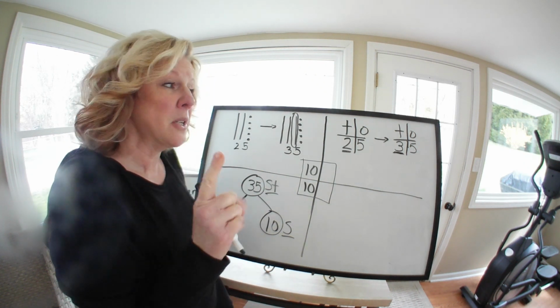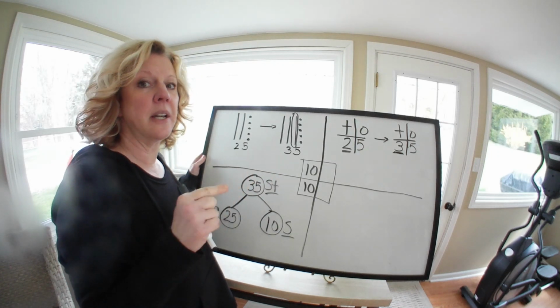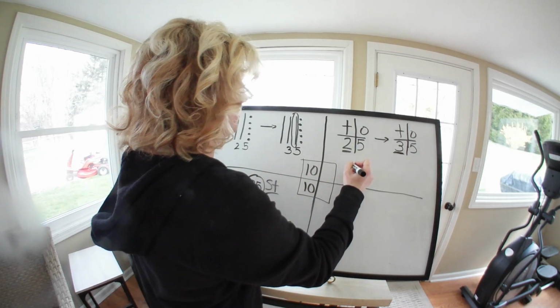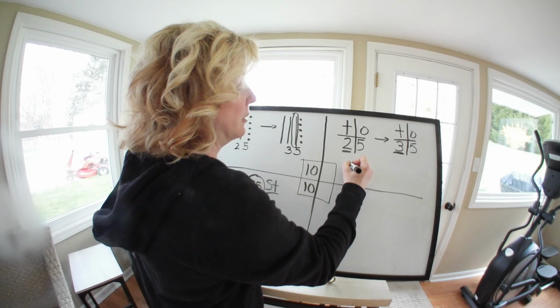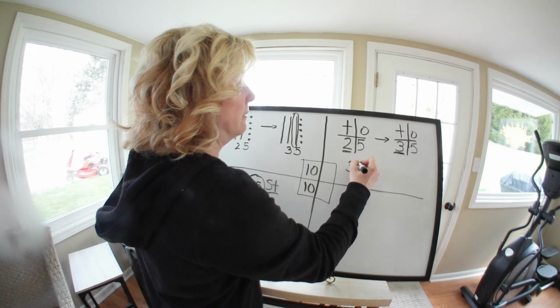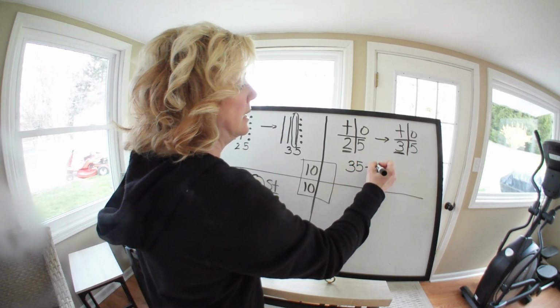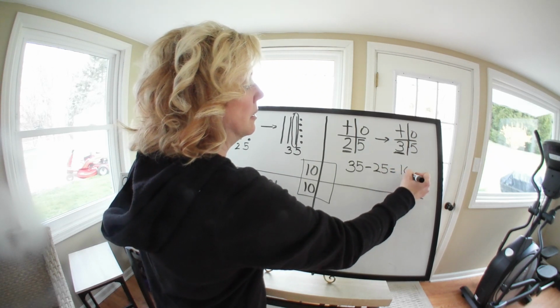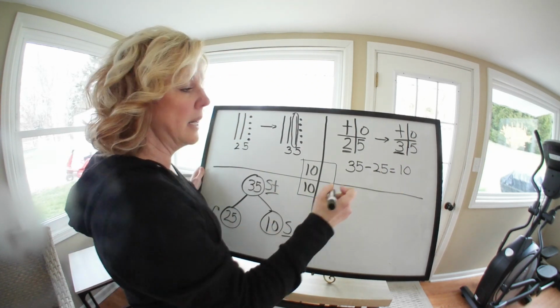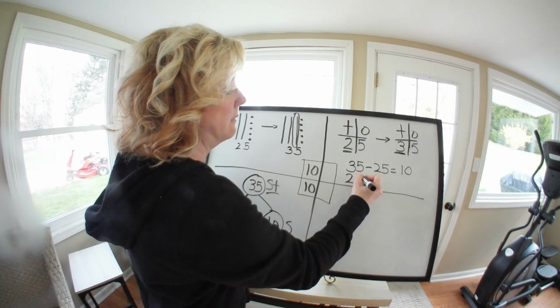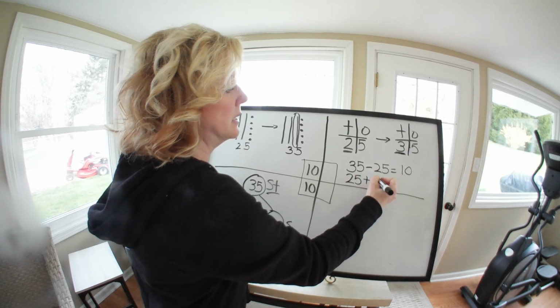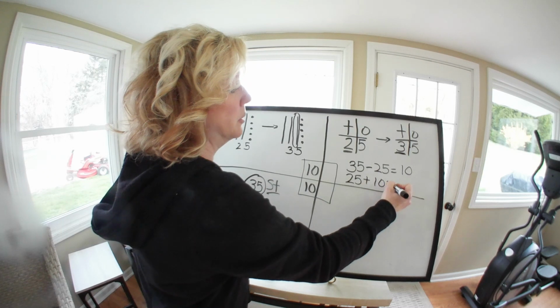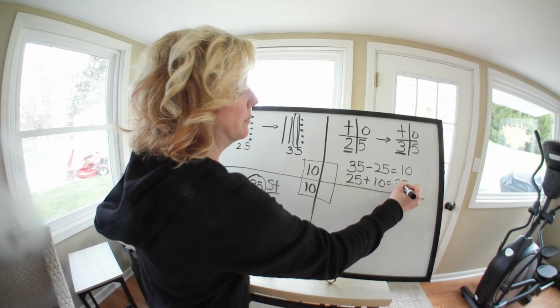So my number sentence could look like two different things. It could look like 35 minus 25 equals 10. Or what I could say is 25 plus 10 equals 35.